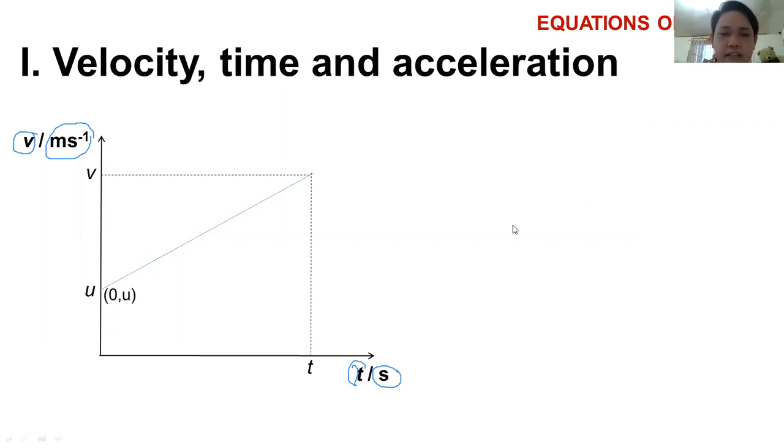We can say that the initial velocity has 0 time. That is why the coordinates for the initial velocity based on this graph are (0, u), where 0 represents your time. Again, initial velocity starts at 0 in the graph, and (0, u) is its coordinates.